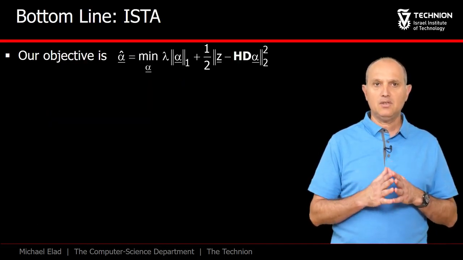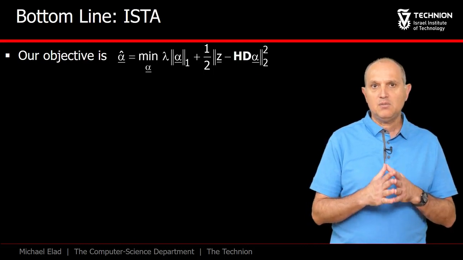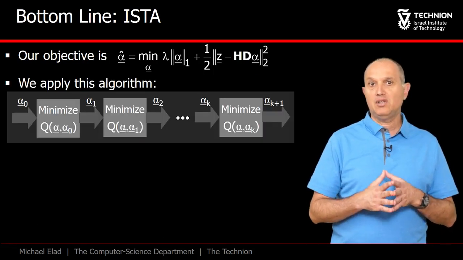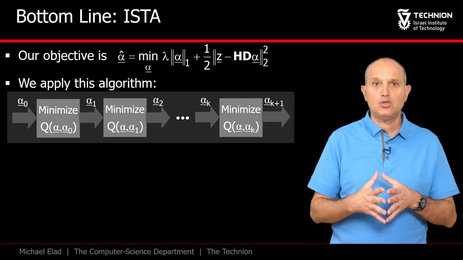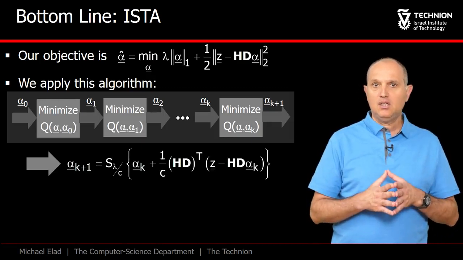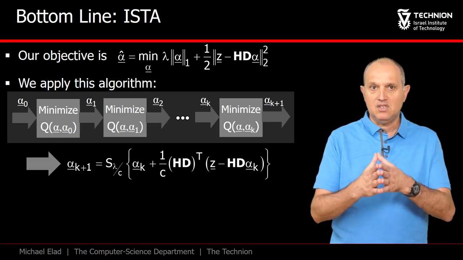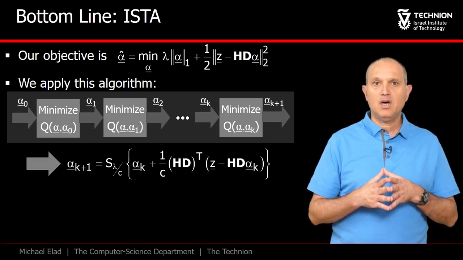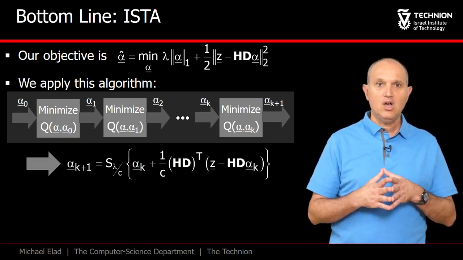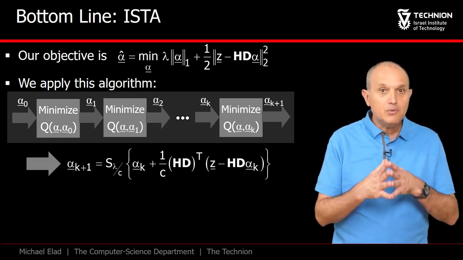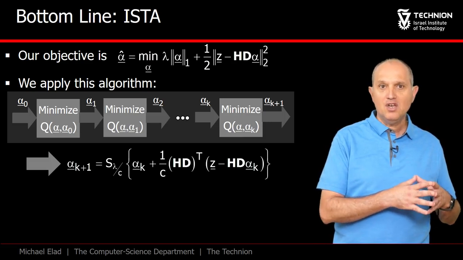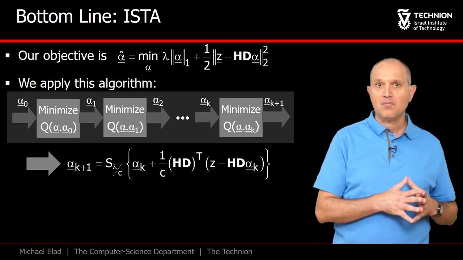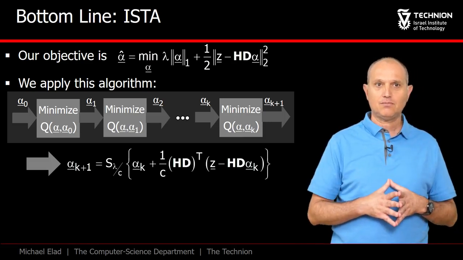Returning to our deblurring task, we had this minimization to do. We have built an algorithm to get the minimizer by a chain of minimizations of proxy functions. The iterative formula we ended up with is this. Notice how similar it is to the steepest descent. In fact, we apply steepest descent on the quadratic part of f of alpha and then shrink the result to make it sparse, serving the second L1 term by a projection.